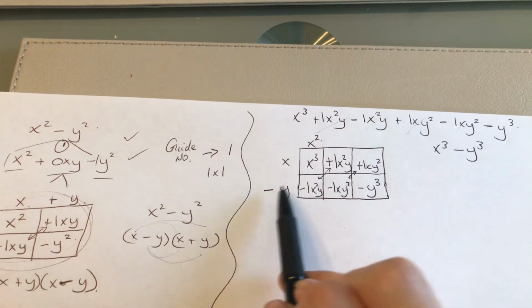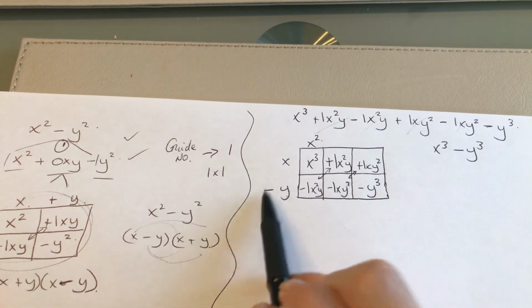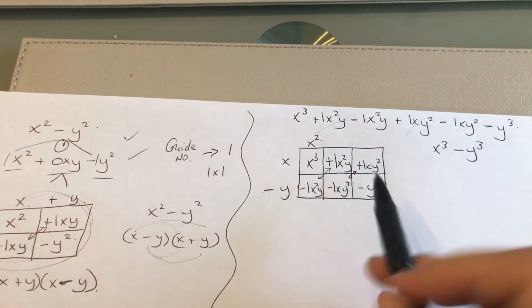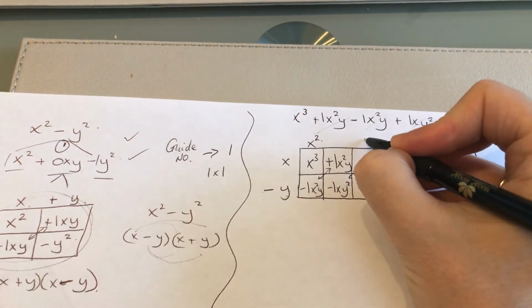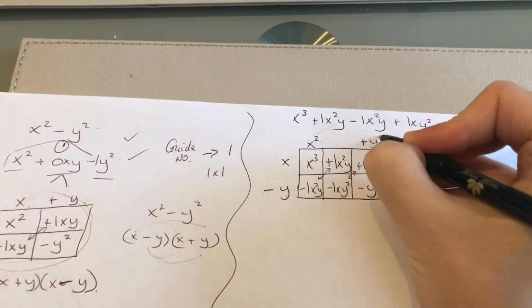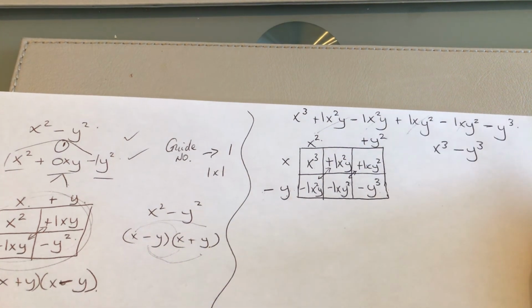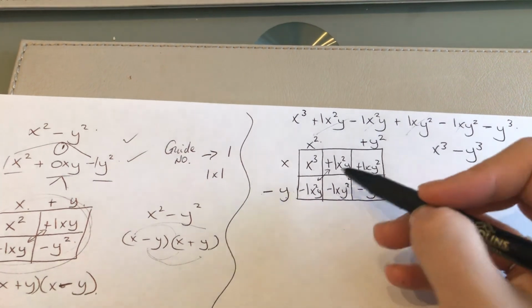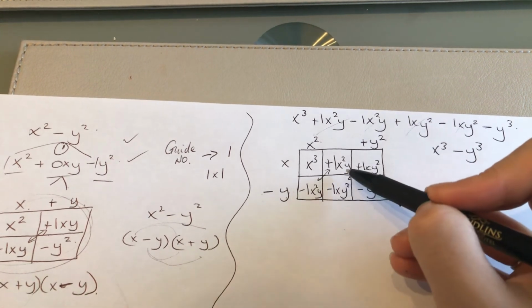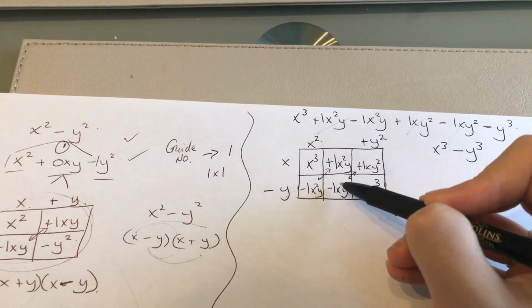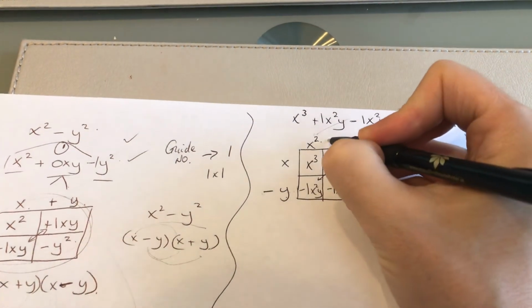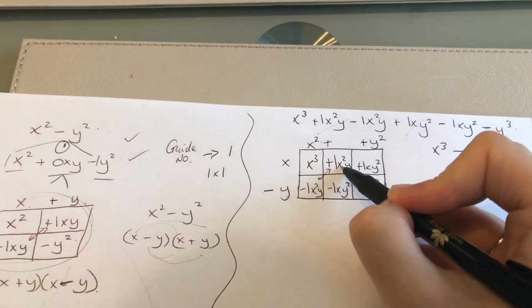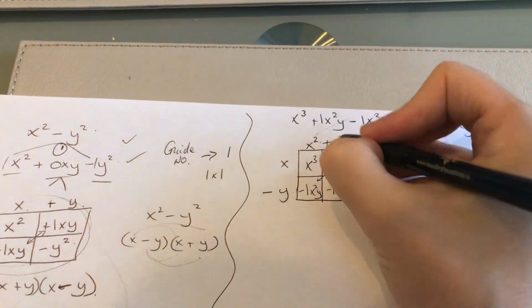So if that's a minus y cubed, what must be up here is a plus y squared. And this is just like a Sudoku puzzle where you're just trying to work it out. What do these two have in common? They have a plus xy.